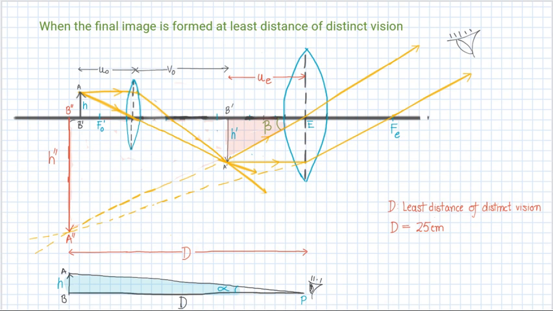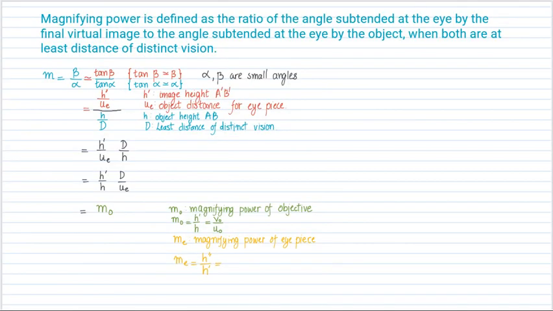So D upon UE equals the magnifying power of the eyepiece, which is represented by ME.